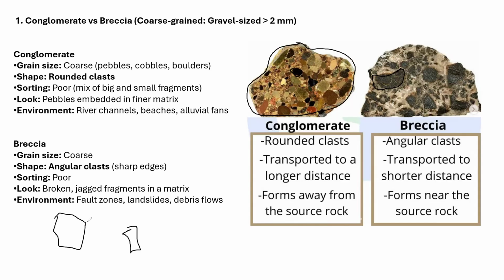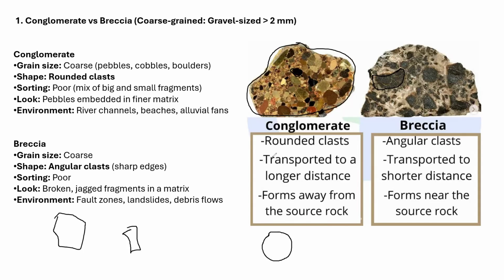This is because the materials were not transported for quite a period of time. It means they did not have enough time for the corners to be chipped off. But if the transportation is far away from the source, then the corners were chipped off as time goes by. That's why now they are rounded. So the conglomerate tells us that the materials have been transported for a longer period of time, but for the breccia, the materials have not been transported for a longer period of time.